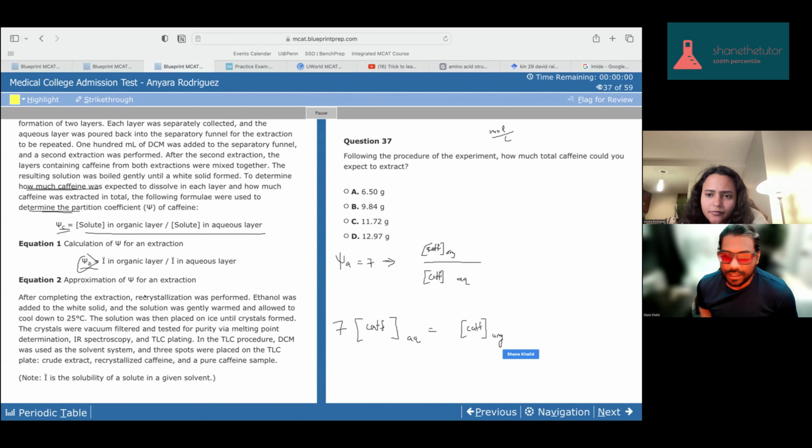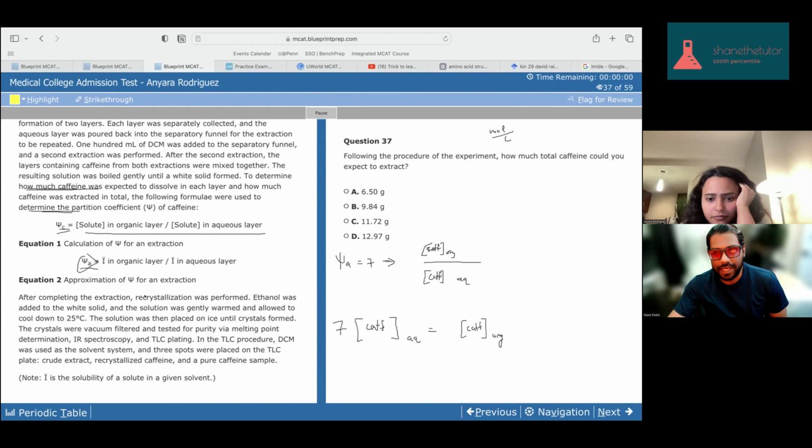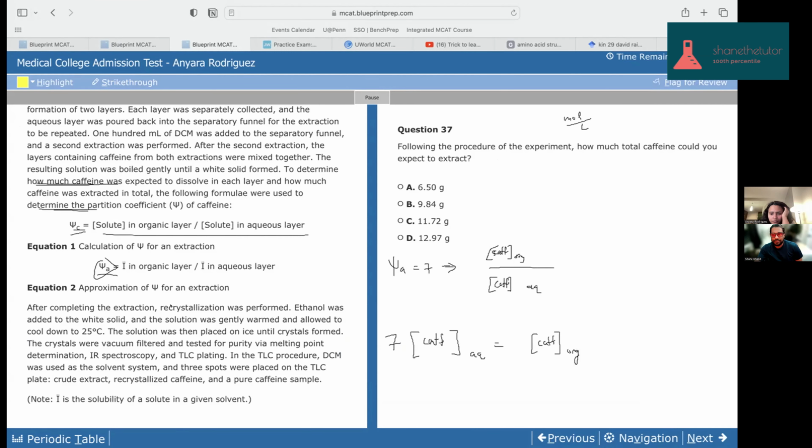So caffeine is 7 times more soluble in the organic layer than in the aqueous layer, right? So now we just have to solve for the amount of caffeine you would get. We can multiply these sides by the 100 mLs, right?